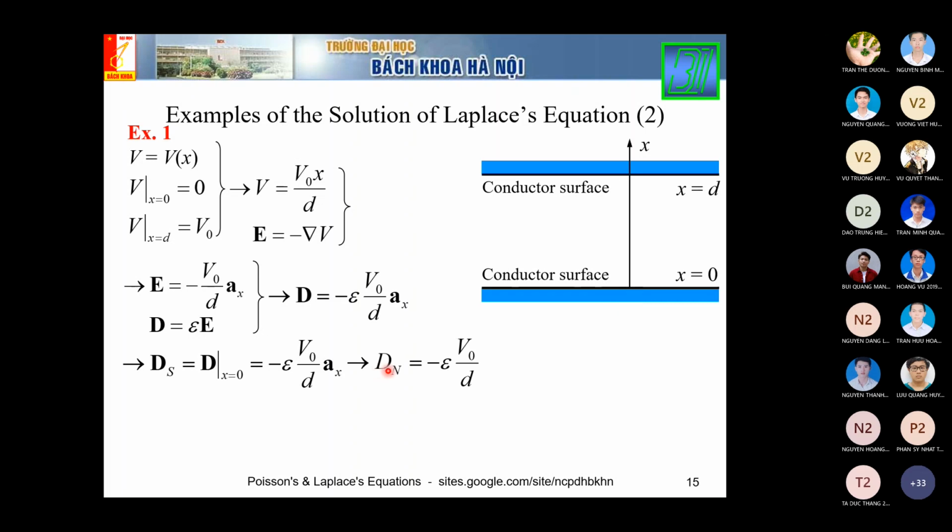So this one must be the normal component of the density. And according to, once again, the boundary condition between the dielectric and the conductor, we can come to the value of the surface charge density. This one, I repeat once again, is a boundary condition applied to this position.